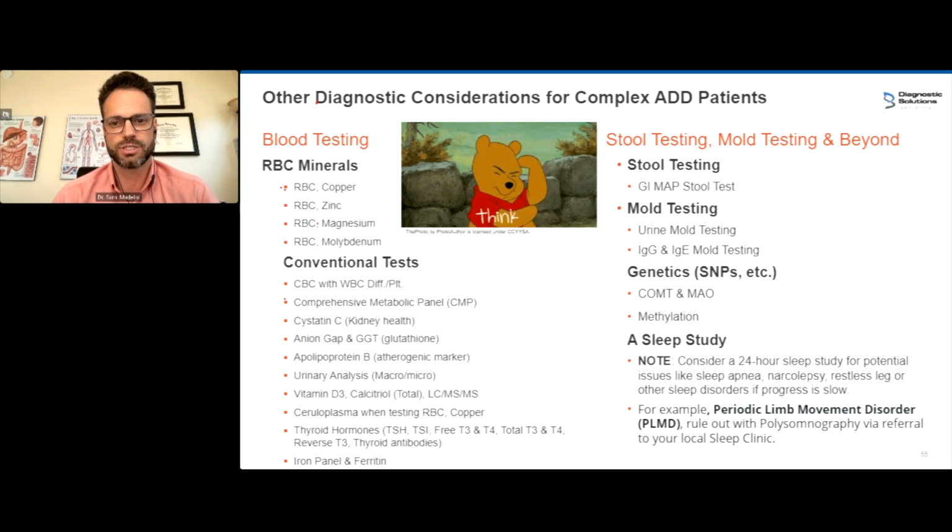I did talk about GI-MAP, of course, from DSL. I do believe that with conventional blood testing and maybe some other tests with hormones, as mentioned on the slide, and SNPs, that GI-MAP and urine organic acid testing is pretty much going to help 98 to 99% of all patients that most functional medicine practitioners see.